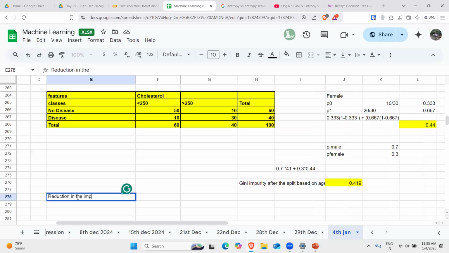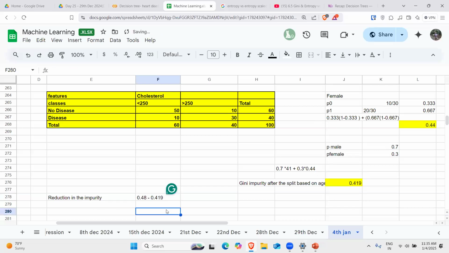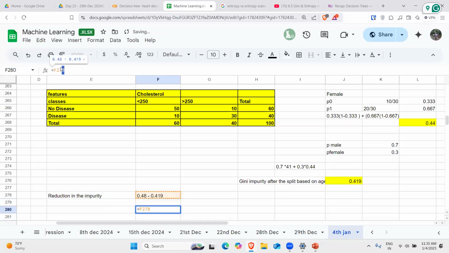What is that? It will be 0.48 minus 0.419, which becomes 0.06, right? And here you get the following tree after splitting. That is my entropy reduction. That is my information gain, 0.06.